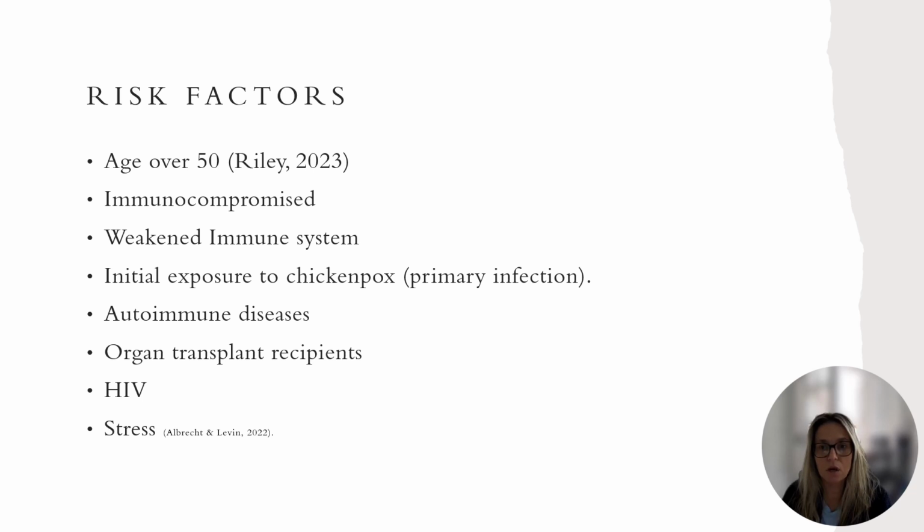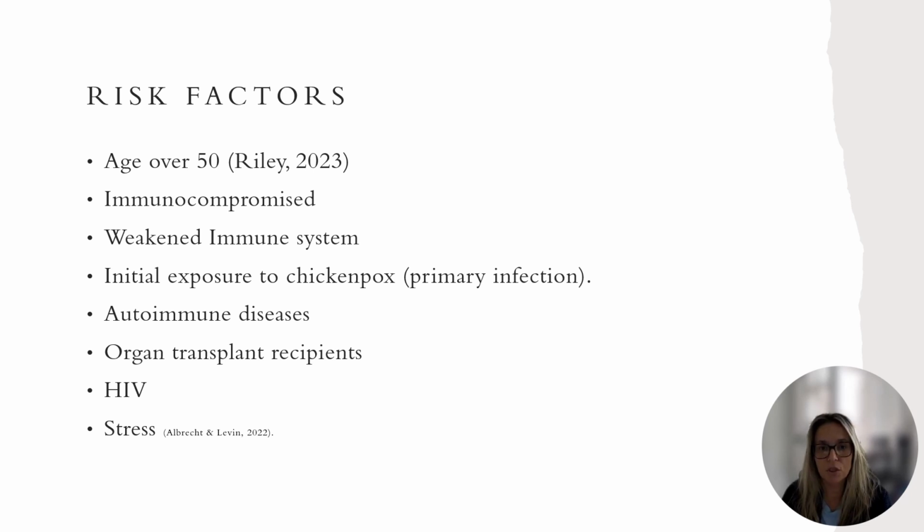So now let's go into the risk factors. So the most important risk factors for contracting the disease is age, because after the age of 50, incidence raises dramatically. Another risk factor is having been exposed to the primary varicella virus known as chickenpox.